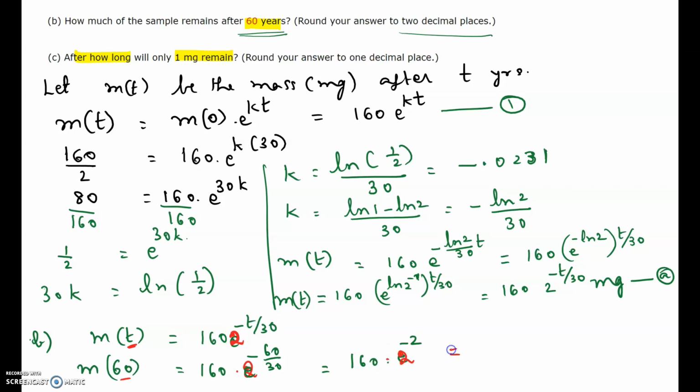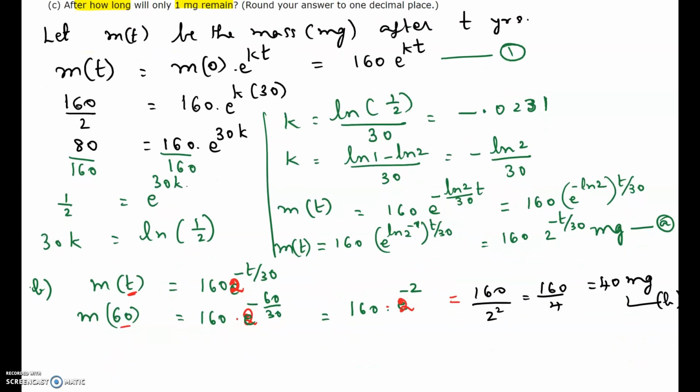It's also equal to 160 divided by 2 squared, which is 4, which equals 40 mg. So the mass of the sample after 60 years is 40 milligrams.